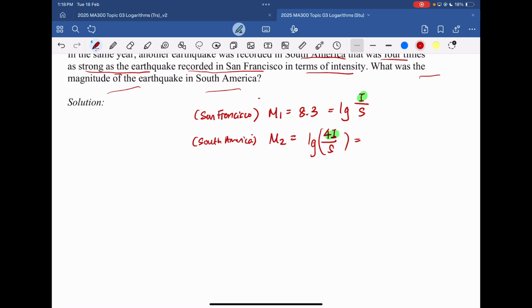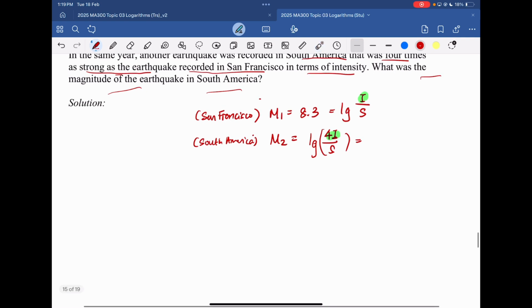Any more? Anyone want to try? Xavier got something very close. If I got I over S, how do I find this?